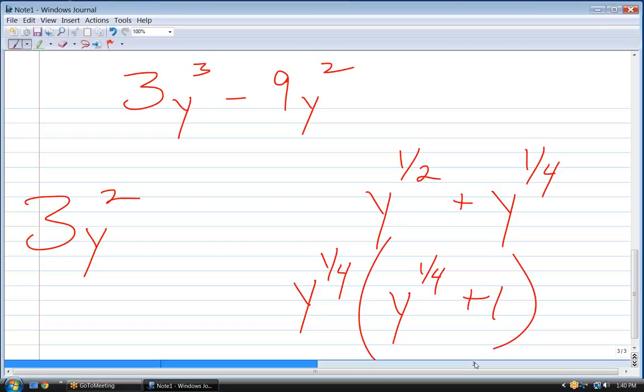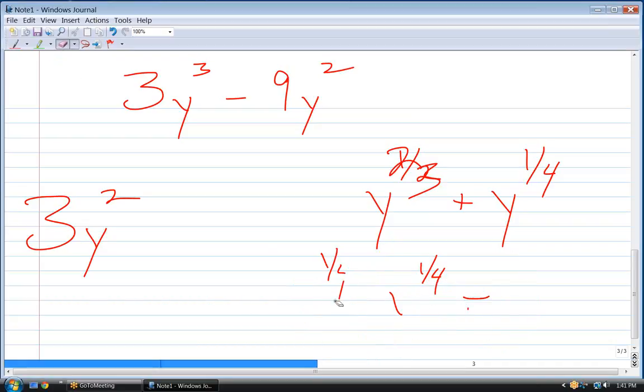So it's not just the lowest number, although this was a bad example because this one indeed was the lowest number. But say make that 2/3. Now, y to the 1/4 does not divide evenly into y to the 2/3. So it's not just the lowest number. It has to divide evenly. That's what factoring is all about, is dividing evenly.